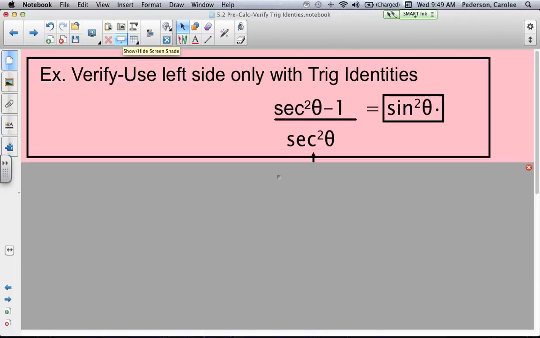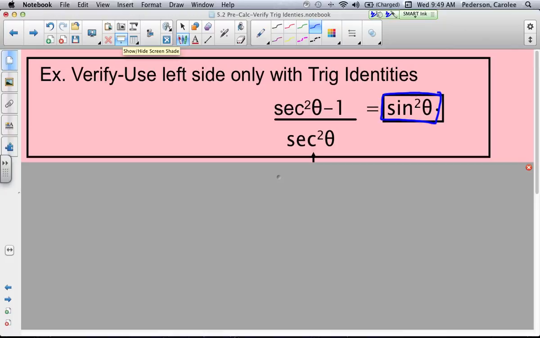So here is an equation they'll give you. And the two sides don't look exactly alike. I boxed in the right-hand side, the sine squared of theta, this piece right here. I'm going to ignore it for now, and I'm only going to work with the left side.